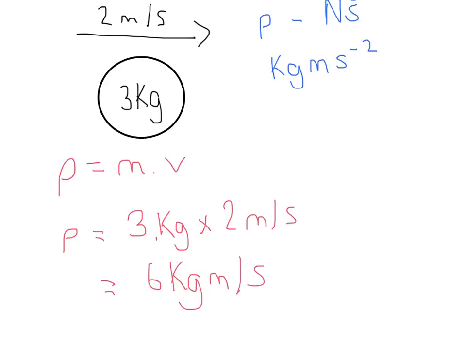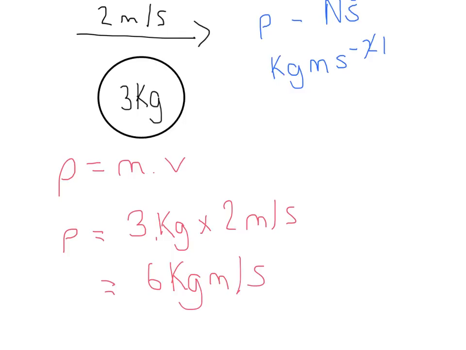And if we look at the bottom, we've got kilogram meters per second. So if we multiply the kilogram meters per second to the minus 2 by seconds, the minus 2 becomes minus 1, which is what we have on the bottom. So a Newton second is exactly the same as a kilogram meter per second. They are two different units of momentum, and you should be able to recognize both of these.